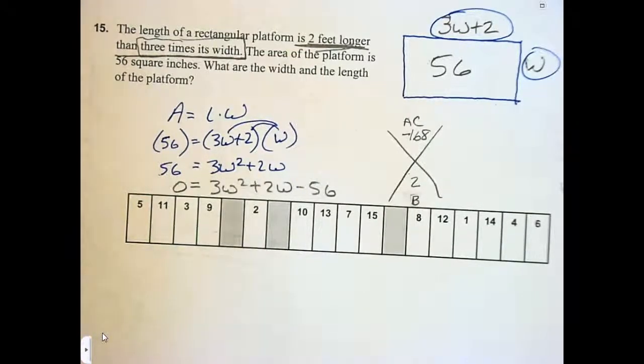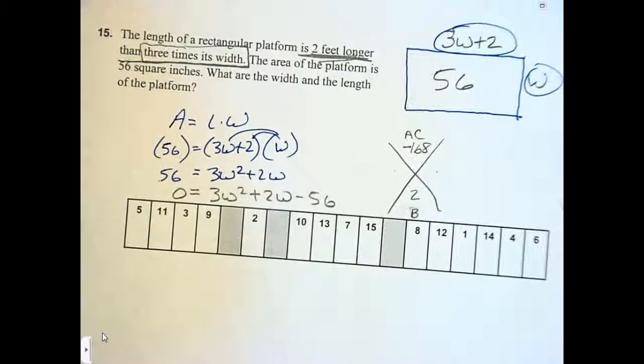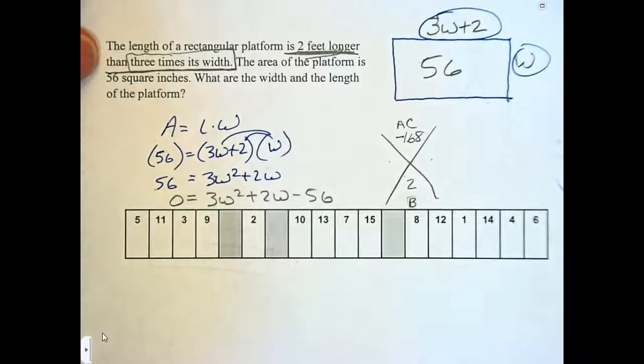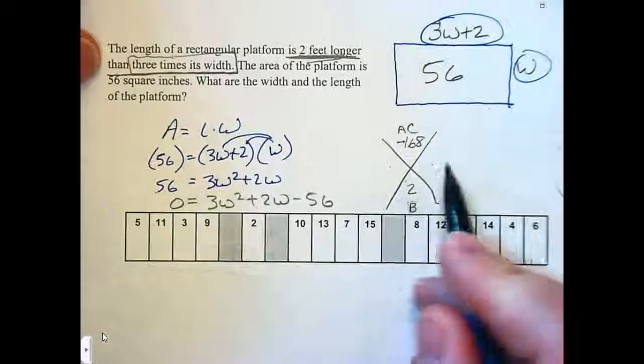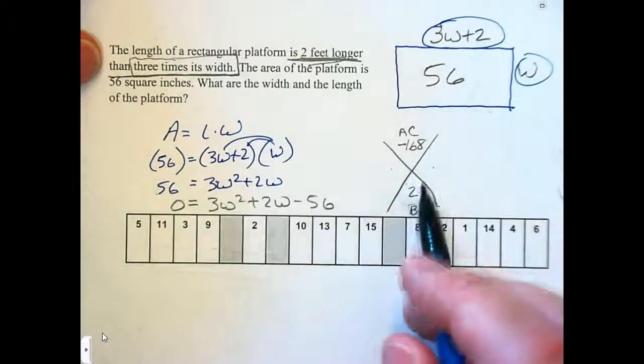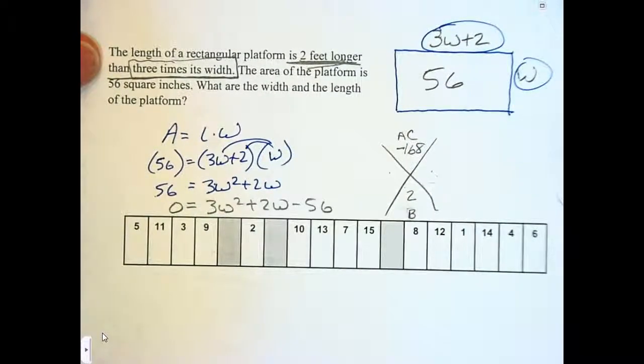You figured it out yet, Jason? Yeah? What is it? That's incorrect. Come on. Try it. You can do it. 168 divided by what? What do we need here? Give it a go.